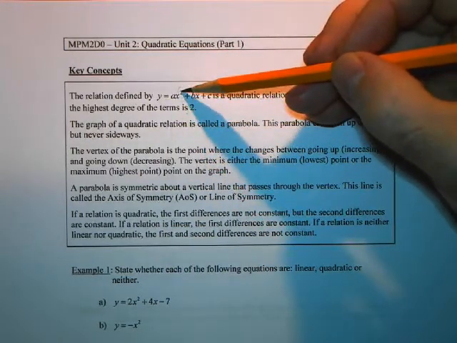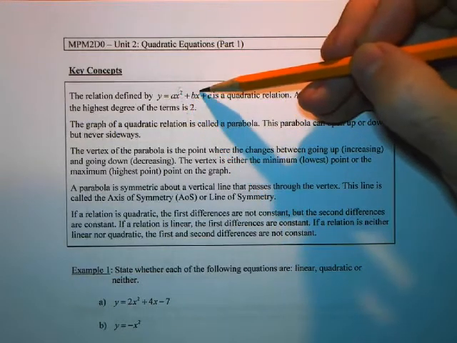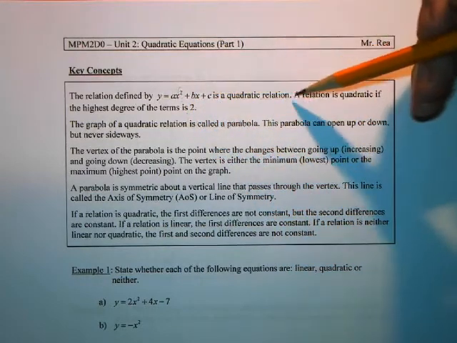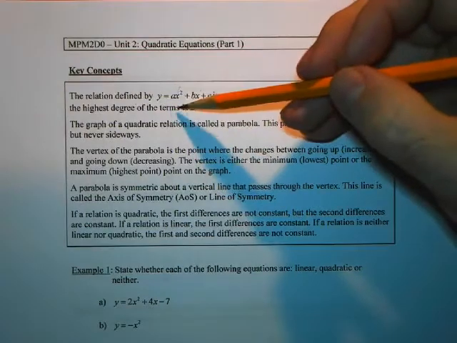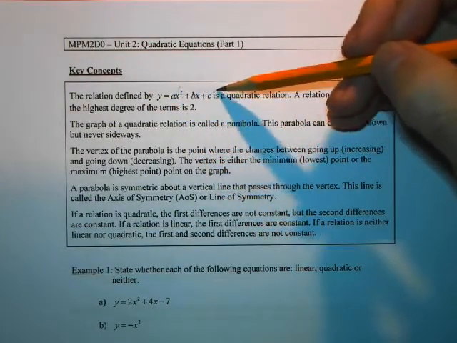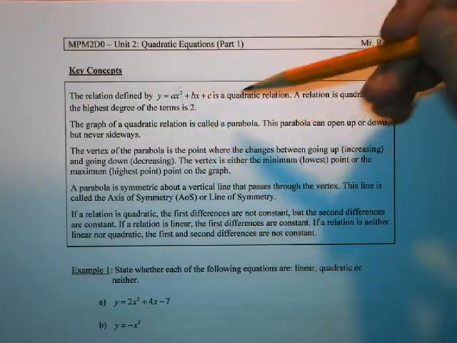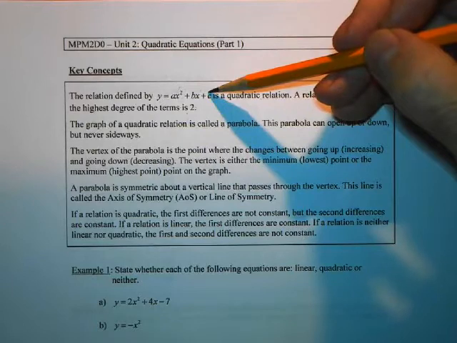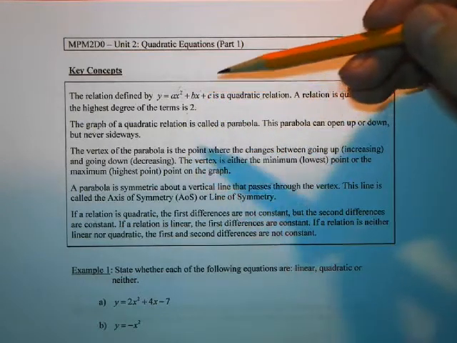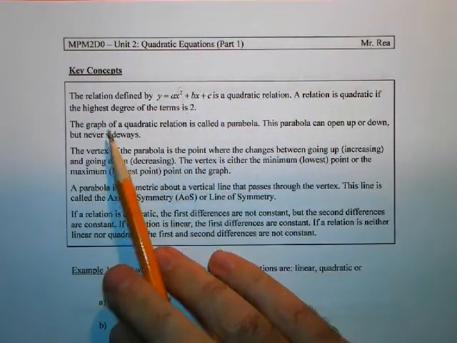So that would be a degree 2 term, that would be a degree 1 term. And a relation's quadratic if the highest degree of the terms is 2, and that's true with this equation here.